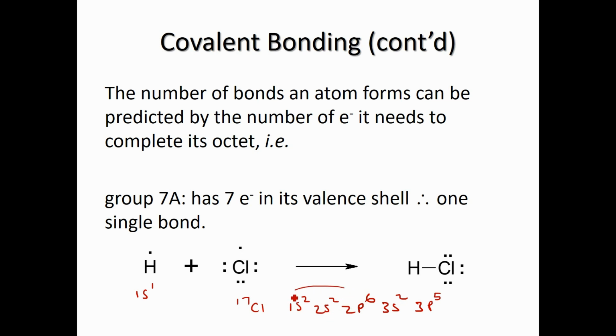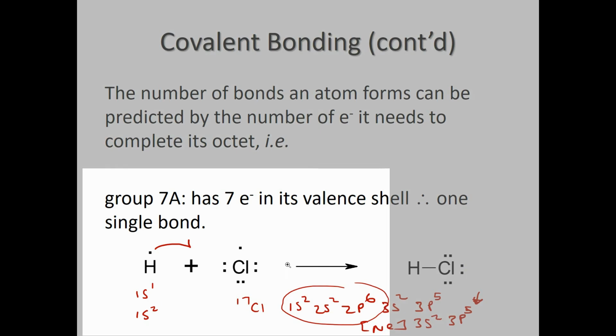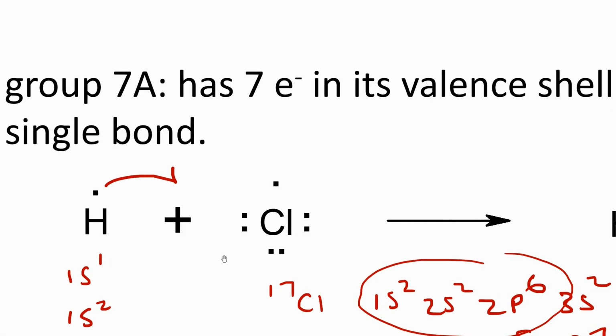So I see these are my core electrons, which will give me a neon. Then I'm gonna have 3s2, 3p5. The p is not fully filled, it needs to be 6 to be fully filled. That's why it needs one extra electron, and that's why hydrogen will share it. At the same time, hydrogen needs one extra electron to be 1s2 for the s to be fully filled.